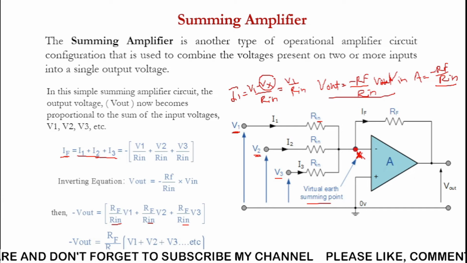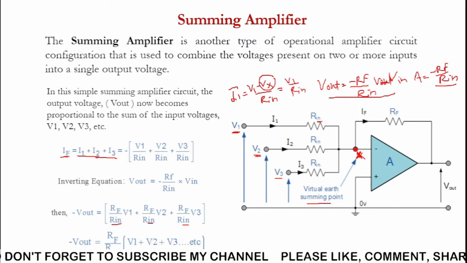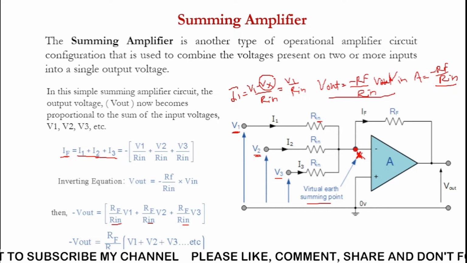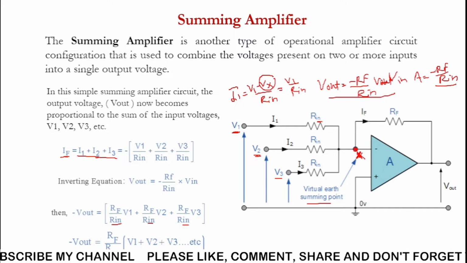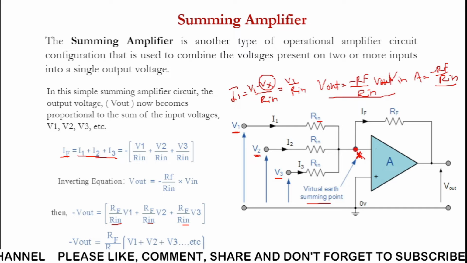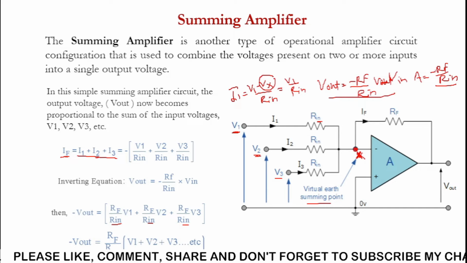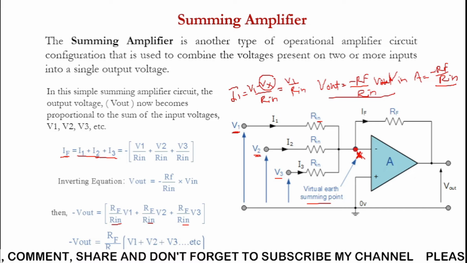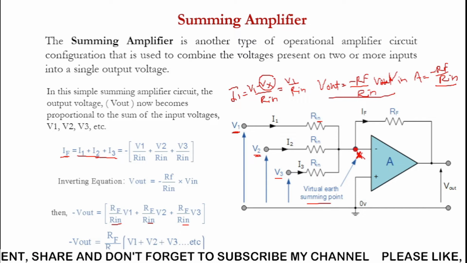If we take RF upon Rin outside, we get minus V out is equal to inside bracket V1 plus V2 plus V3, and if we connect so many, we'll have dot dot dot. So V out is equal to minus RF upon Rin into V1 plus V2 plus V3 and so on. So this is the way.